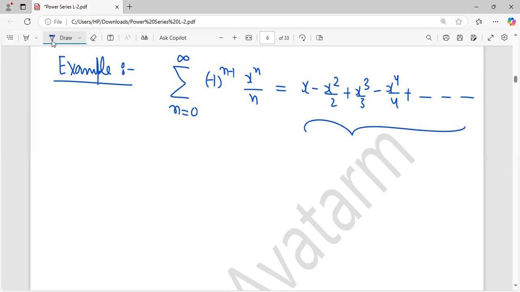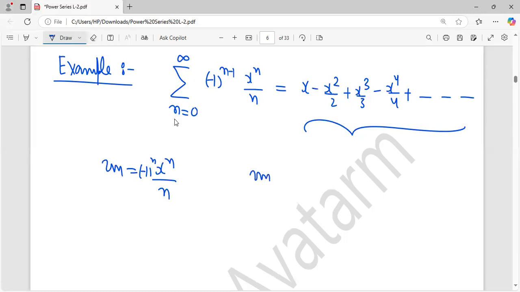Okay. So in the last lecture, we have shown that u_n is x to the power n. So this is u_n.